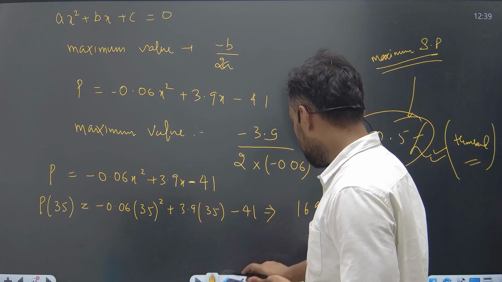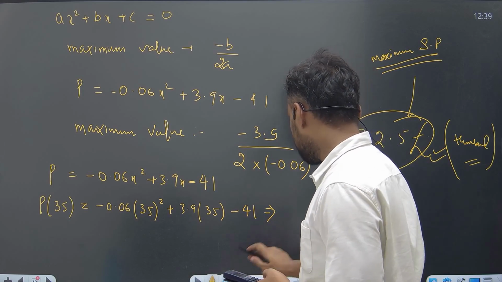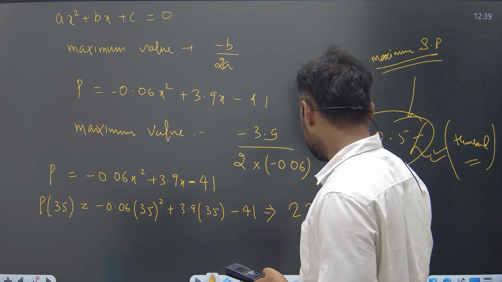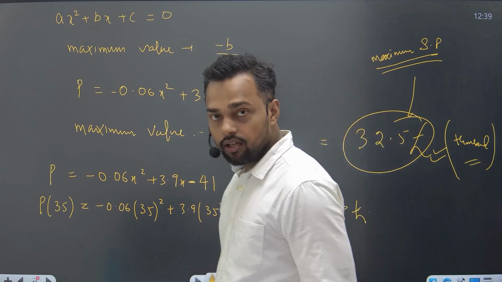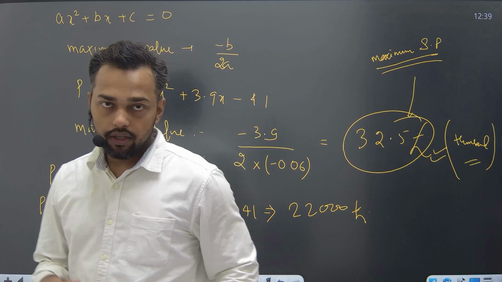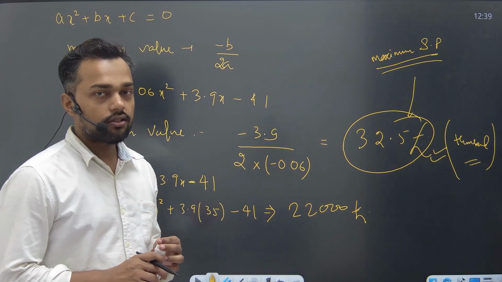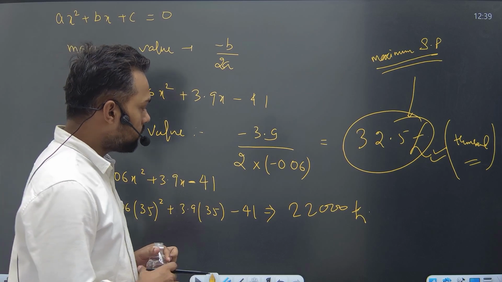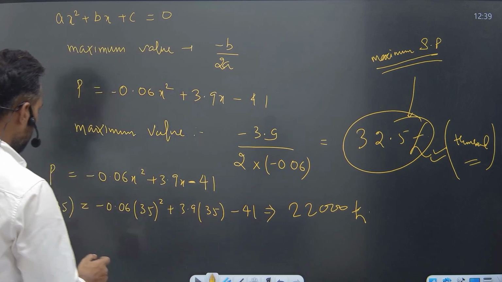Sorry students, it is 22,000 pounds. The value which we are getting here is 22, and we have already calculated in 1,000 pounds, so we multiply it by 1,000. So 22,000 pounds we are getting for 35 pounds.